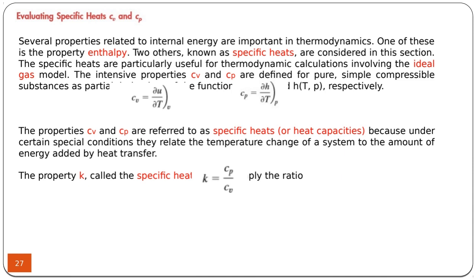As a general definition, there are two kinds of specific heats. One of them is constant volume specific heat, and the other is constant pressure specific heat.